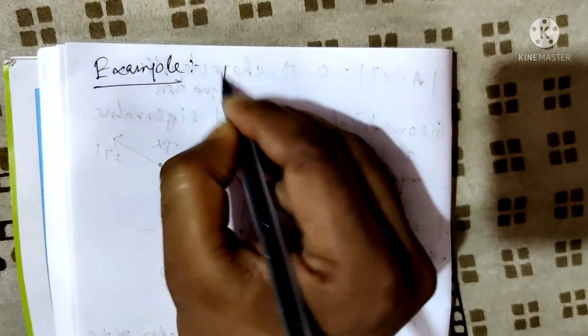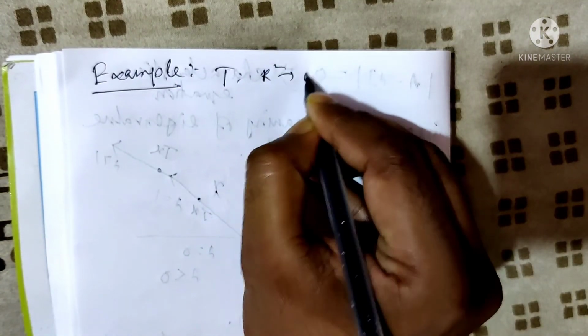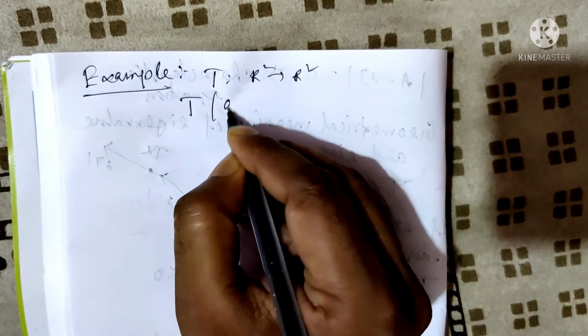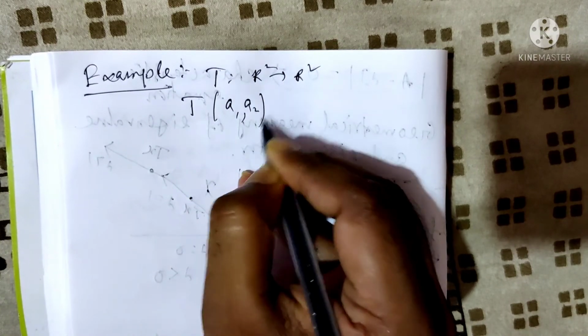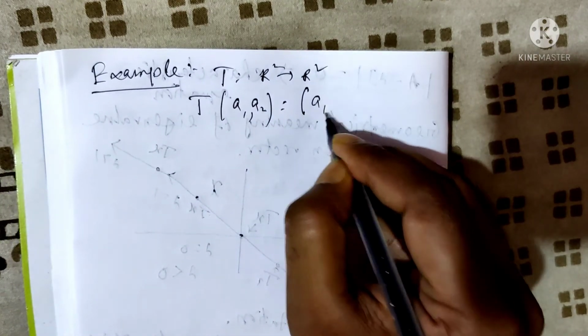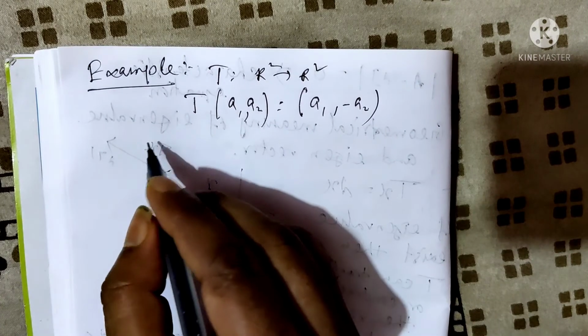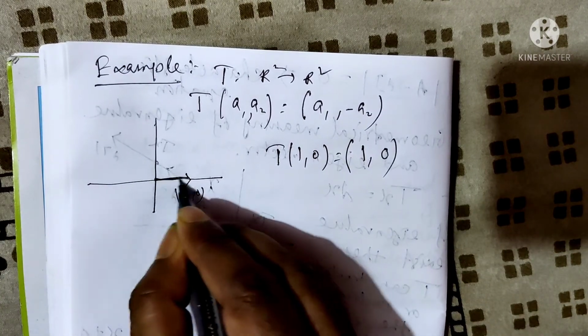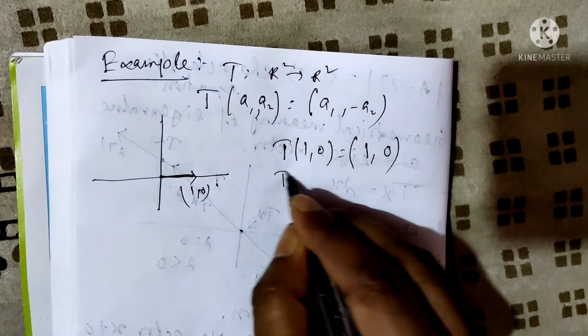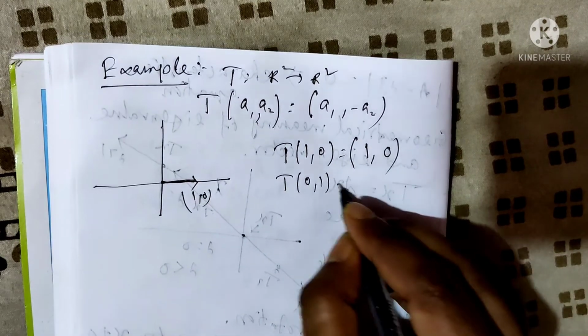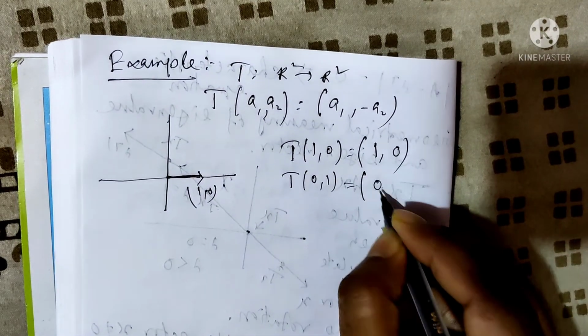Example: T maps R square to R square, T of a1, a2 equals a1, minus a2. Also T of 1 comma 0 equals 1 comma 0, and T of 0 comma 1 equals 0 comma minus 1.